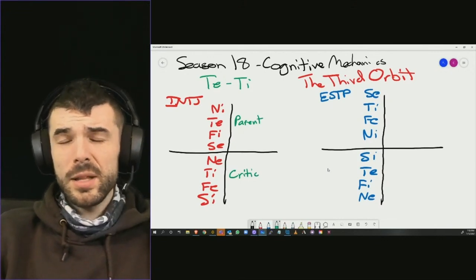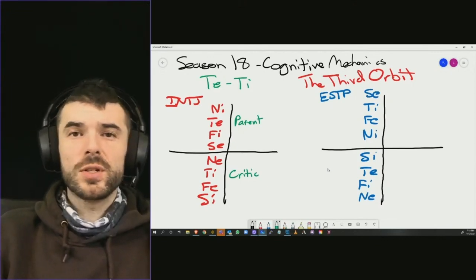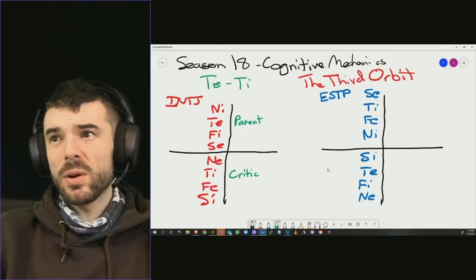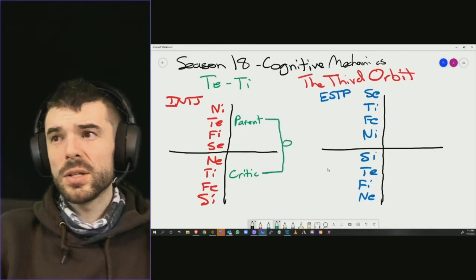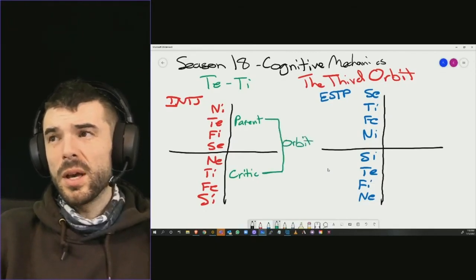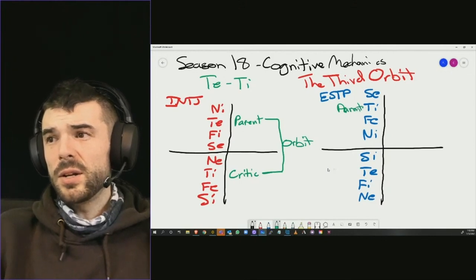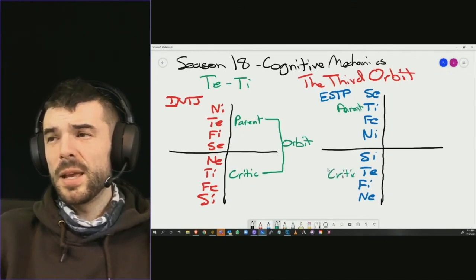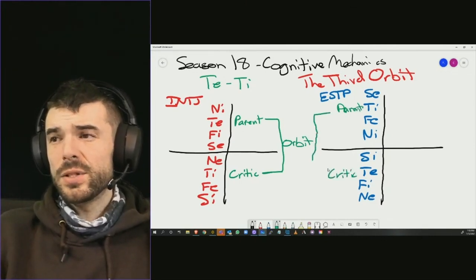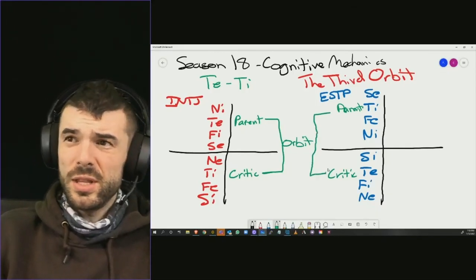And what's interesting about the parent, whenever you have functions that are in the parent and critic, they actually form an orbit of some kind. And then, it's no different here. Here's the parent, and here's the critic. And this is very special within this particular orbit.